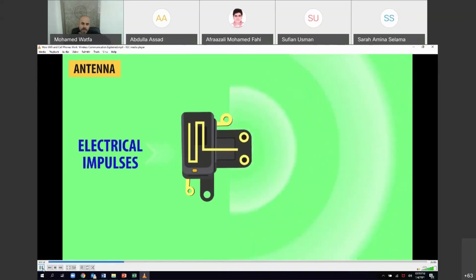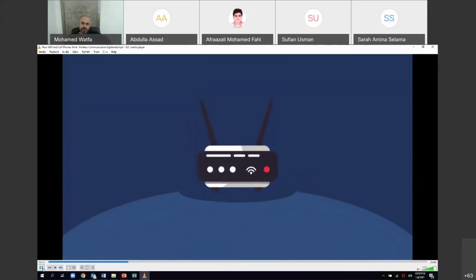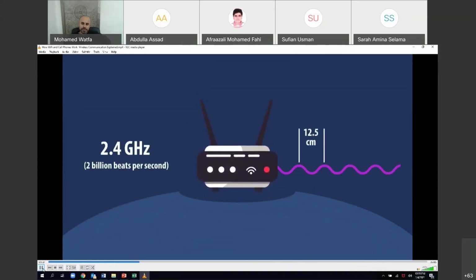It's as silent as the dead, but its screams can be heard for miles. Specifically, a Wi-Fi antenna like the one here in the picture screams at 2.4 gigahertz, that's more than 2 billion beats per second, and spits out waves of roughly 12.5 centimeters in length. Unlike visible light, these waves can pass through certain materials and even bend around corners.